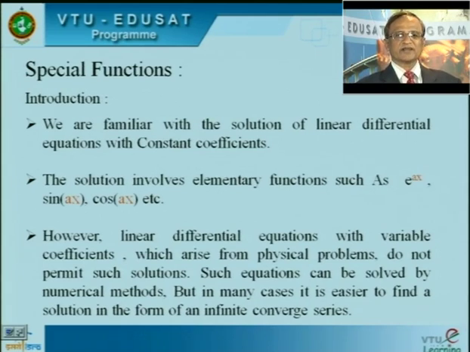However, a linear differential equation with variable coefficients which arises from physical problems does not permit such solutions. Such solutions means, as I just explained, a linear differential equation with constant coefficients where the right hand side may be e to the power ax, sin ax, cos ax, which may not be enough to solve a physical problem.